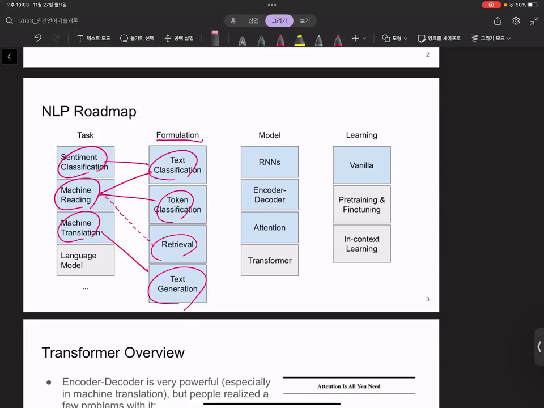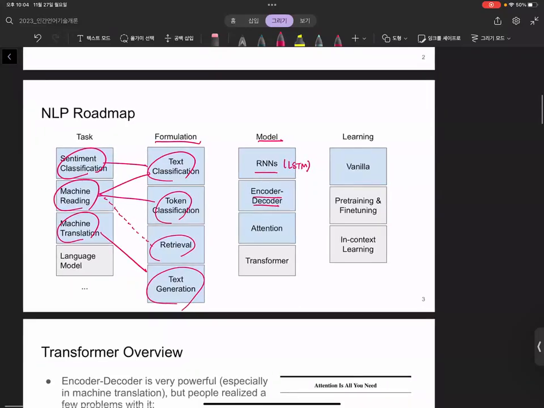In the model side, there are RNNs, which was the dominating model 10 years ago, or LSTM, and encoder-decoder architecture, and attention mechanism, and transformer.